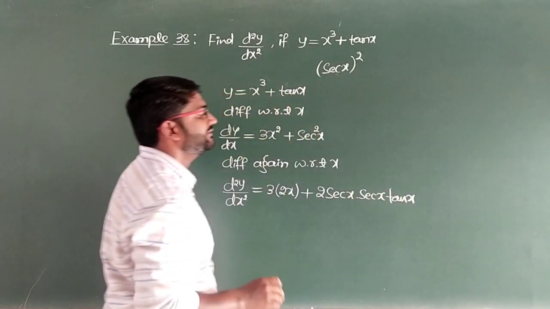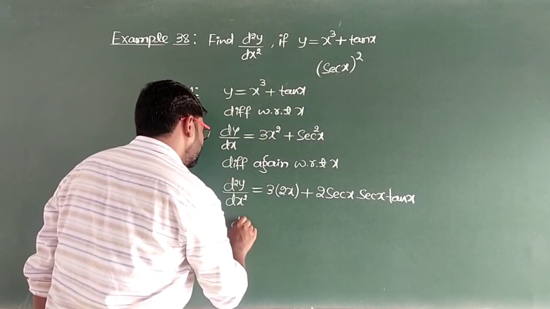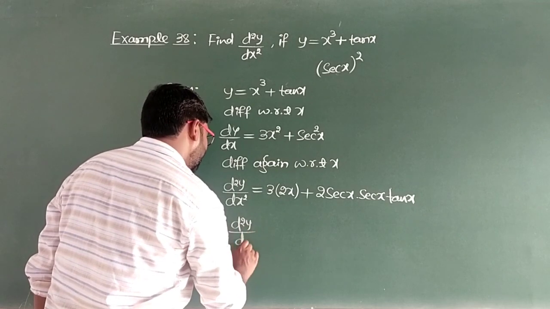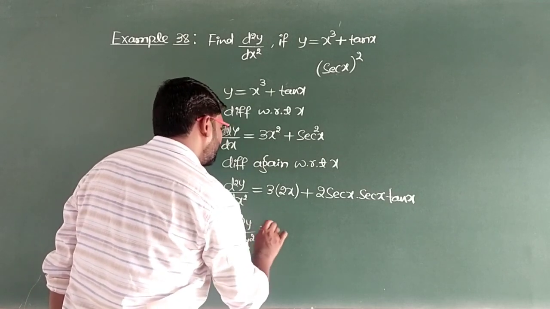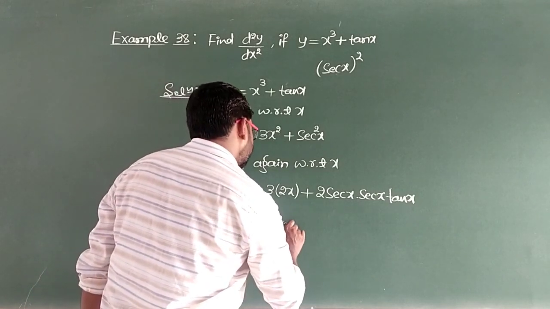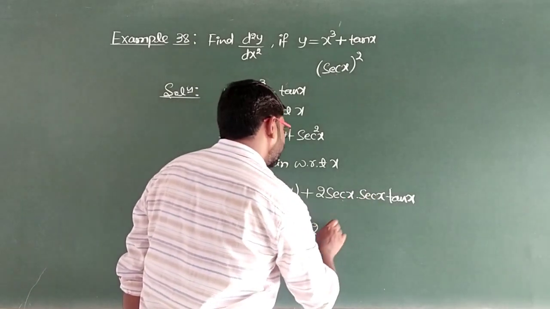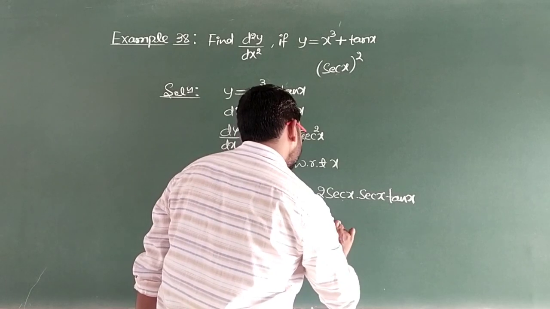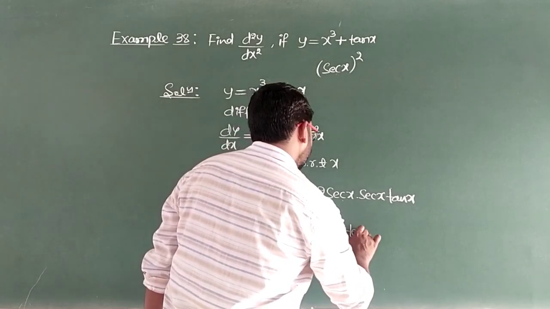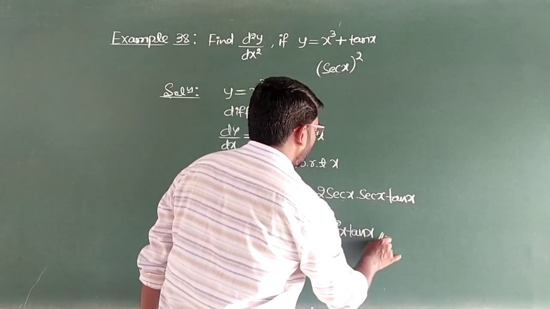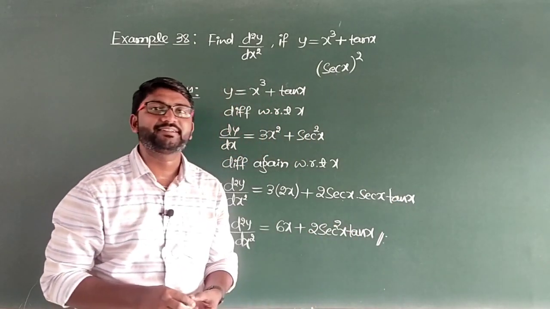Derivative of secant x will be secant x into tan x. So we'll simplify this further. d square y by dx square, this is equals to, we get 6x plus 2 times secant x into secant x will be secant square x and into tan x. So this is the required answer for the example 38.